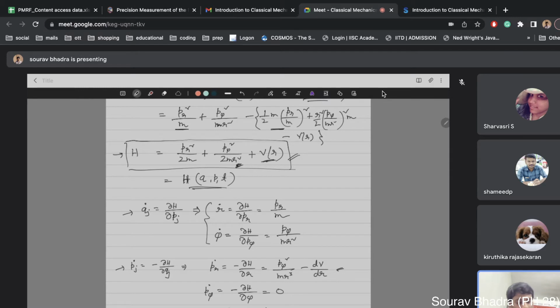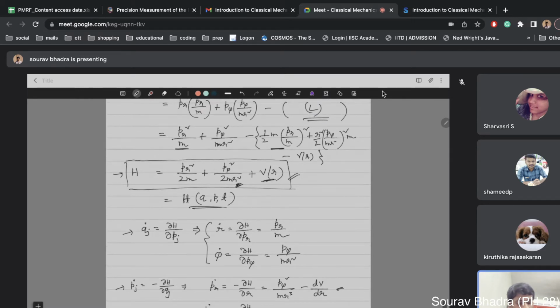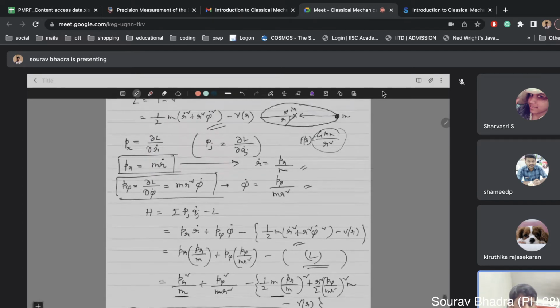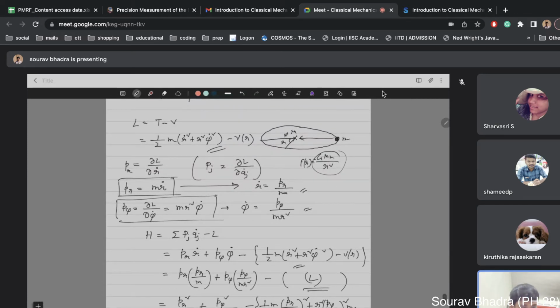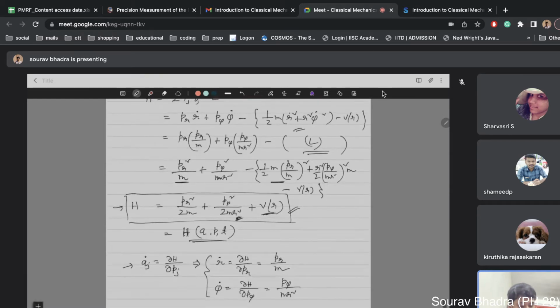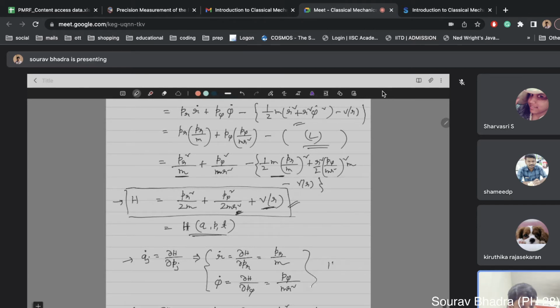And you can see this r dot we are getting as p_r by m using the Hamiltonian method. The similar thing we have got using the Lagrangian method. Let's say this is the Roman 1 set of equations, r dot equals p_r by m, and this is the Roman 2 set of equations.